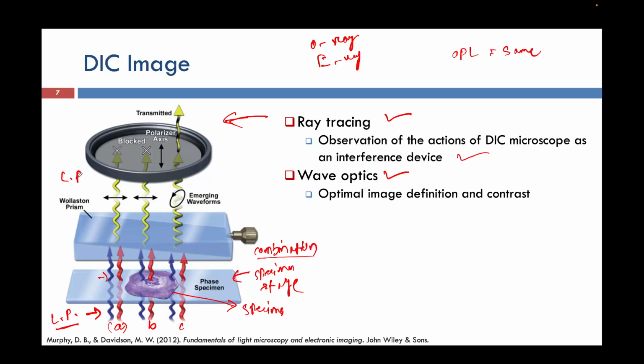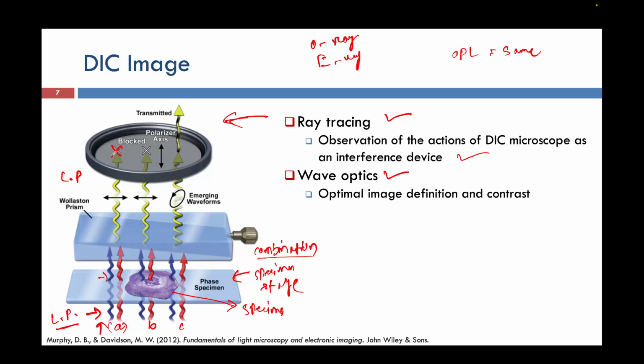Here also they will be linearly polarized. And generally in polarization microscopy, the polarizer and analyzer will not be in the same direction. The analyzer will always be rotated at some angle compared to the polarizer, right? Since they are linearly polarized in the same direction as they are coming from here, the analyzer will block them and not let them pass.